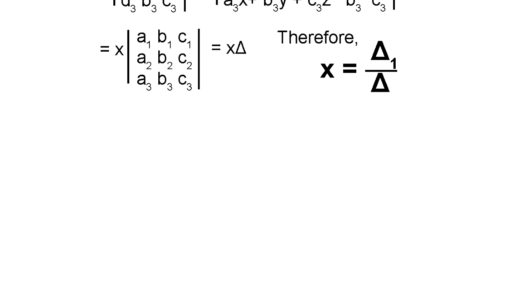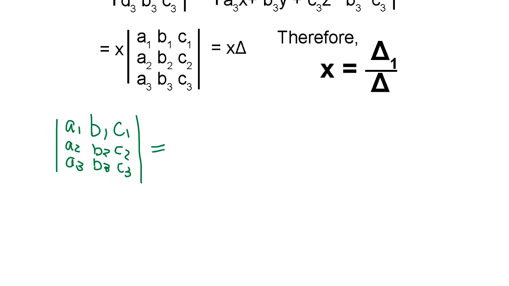Let's go over a little bit more of the determinant's characteristics. Now a1, a2, a3, b1, b2, b3, c1, c2, c3. The real definition of breaking down this determinant is that you pick a row or column.